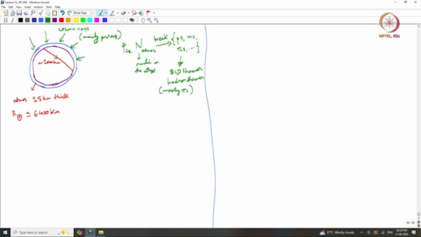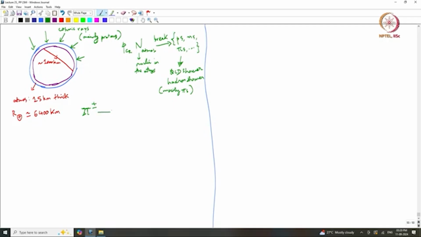And the pions, as soon as they are produced, the charged pions in particular, what do they decay into? Remember when we talked about CP violation and even just parity violation, we wrote down a decay channel for the charged pion, right?